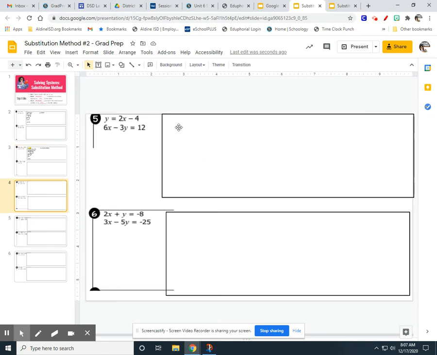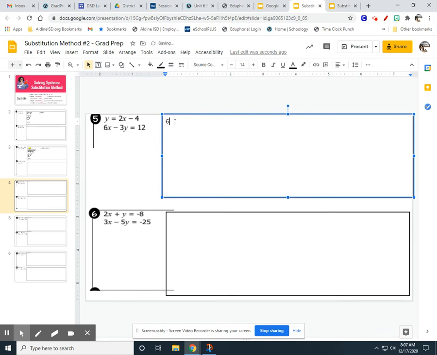Let's do 5. It's already in y equals, so that means I'm going to take the 2x minus 4 and plug that in for y. Minus 3 parentheses 2x minus 4 equals 12. Remember to distribute. You're distributing a negative, so it's going to be negative 6x plus 12 equals 12.